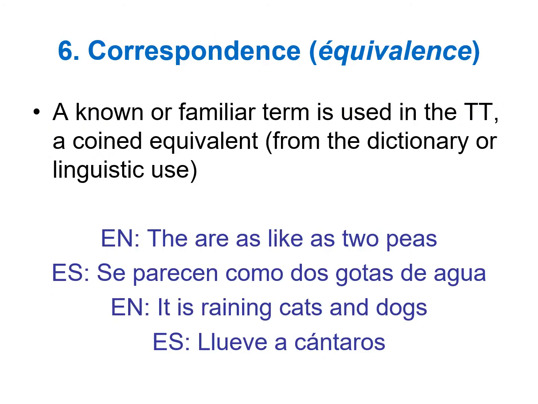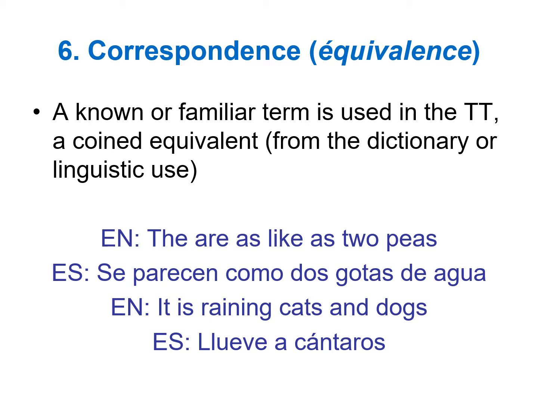Then we have correspondence, as it is called in certain texts, or equivalence, as we mentioned earlier. We find a known or familiar term as used in the target text, and we replace it with a coined equivalent. And this is very typical, and very restricted to the use of marked language, like for instance proverbs in the source language.